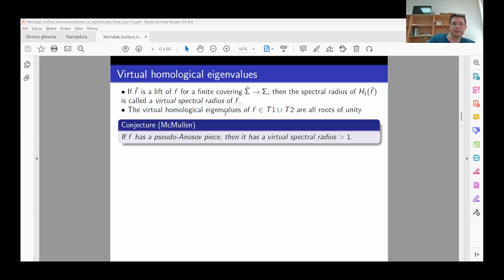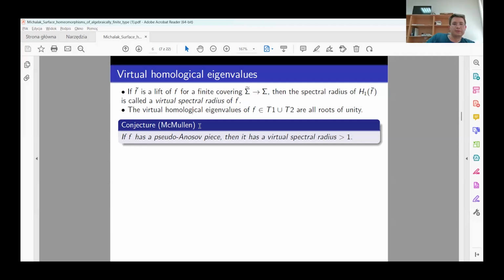Then it is an easy exercise that if we take a mapping class of algebraically finite type, then all lifts are also quasi-unipotent, so the spectrum consists only of roots of unity. So we call this spectral radius of lifts the virtual spectral radius, or virtual homological eigenvalues of the symplectic transformation induced by some lift.